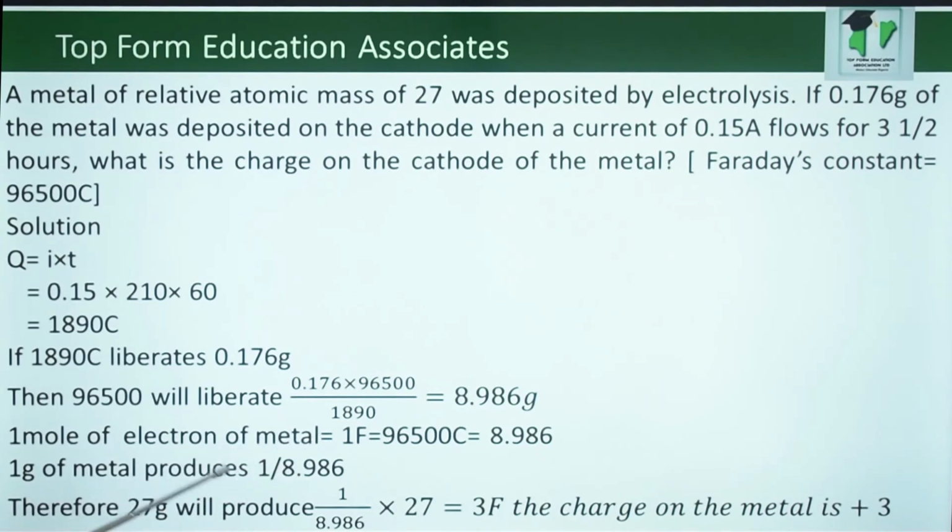Therefore, 27 grams will produce 1 divided by 8.986 times 27, which is equal to 3F. The charge on the metal is plus 3.